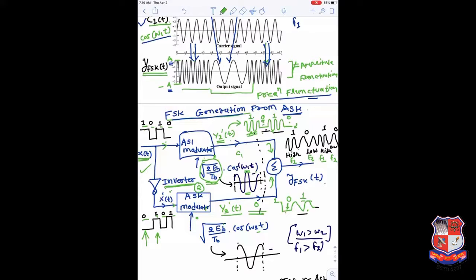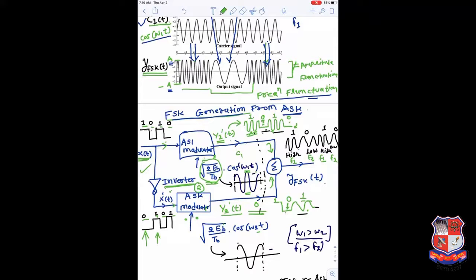So in an FSK signal for 0, we also have one carrier signal of different frequency. So to add another carrier for a 0, we will use the second ASK modulator. In the second ASK modulator, the signal would be inverted here. So wherever we had a 1, now we have a 0.